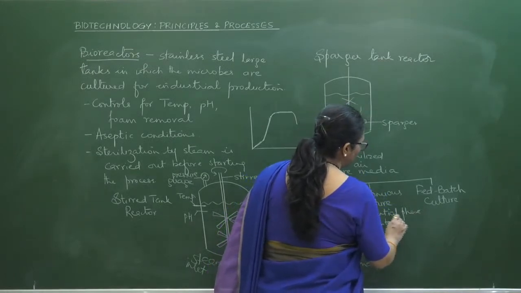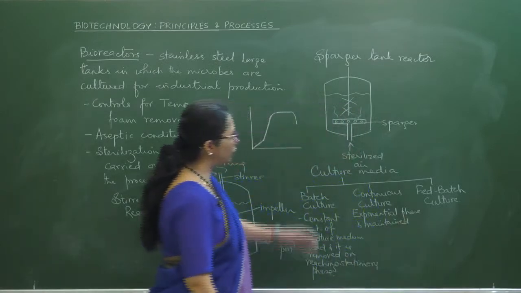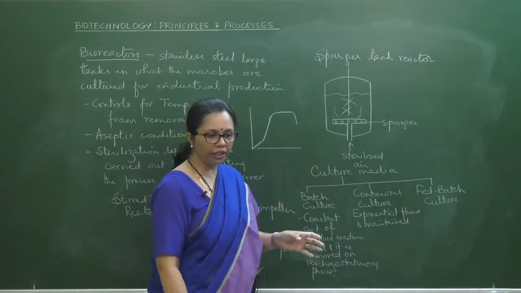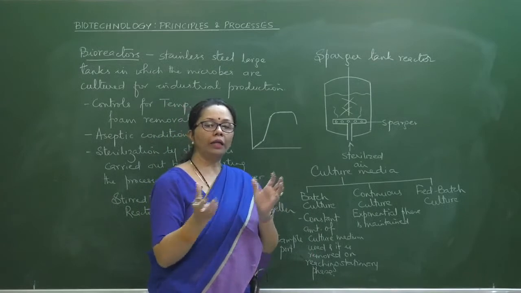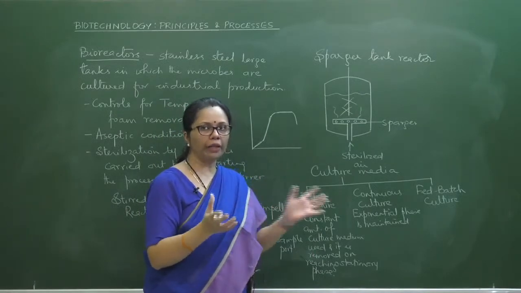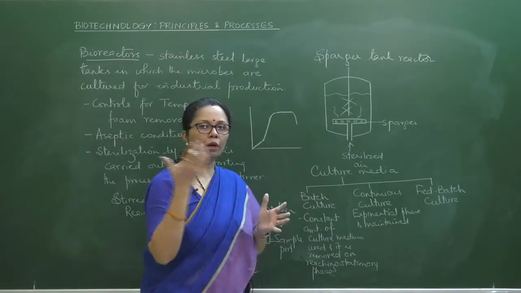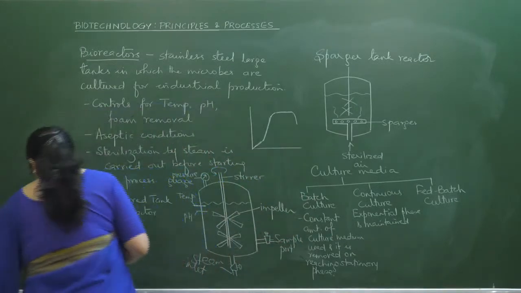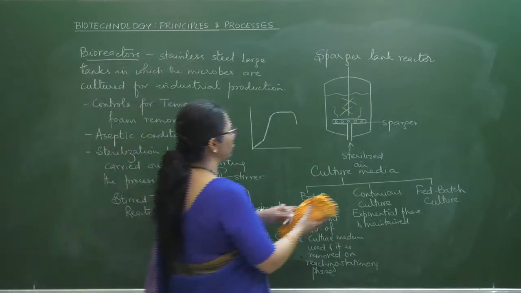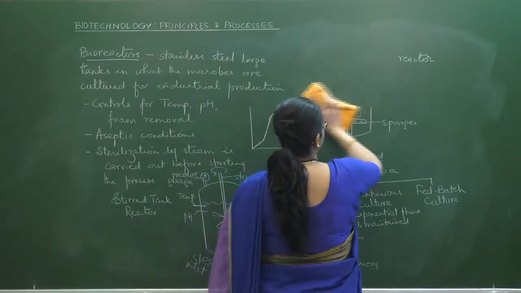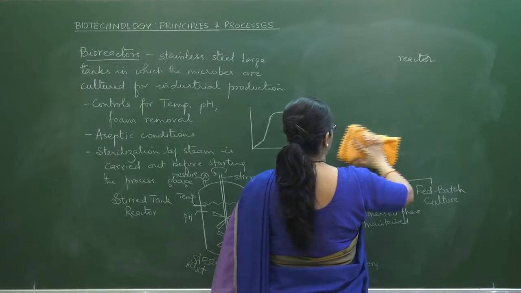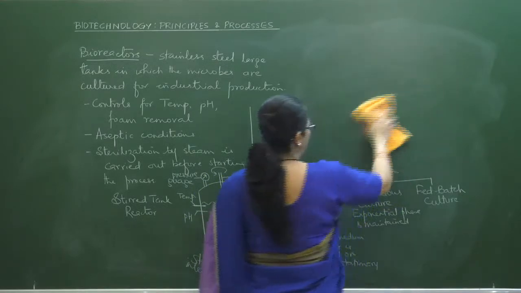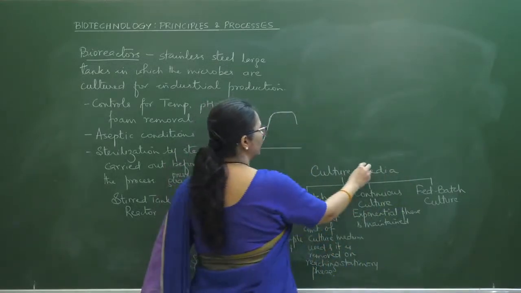How it is maintained is that we take out a particular volume of the culture medium, which has been used up by the microbes, the nutrients have been used up, and that will be replaced by a fresh volume. So that's why it is called open culture.